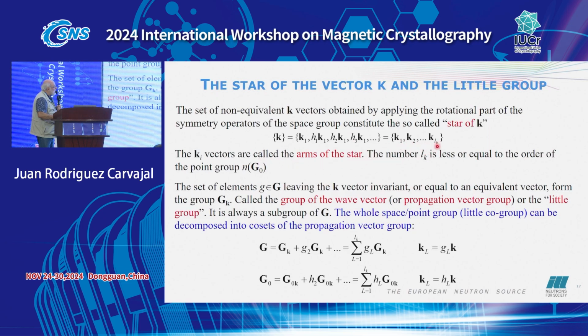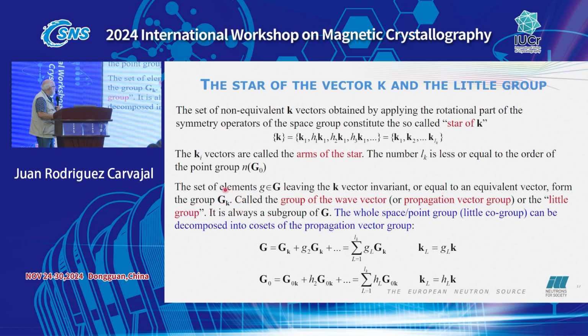The number Lk is less than or equal to the order of the point group G0. The G0 is the point group associated with the space group. The set of elements of G leaving the K vector invariant, meaning that when you apply that to K1, it gives K1 or K1 plus a lattice vector, corresponds to a subgroup of the space group, which is called the group of the wave vector, the propagation vector group, or the little group.